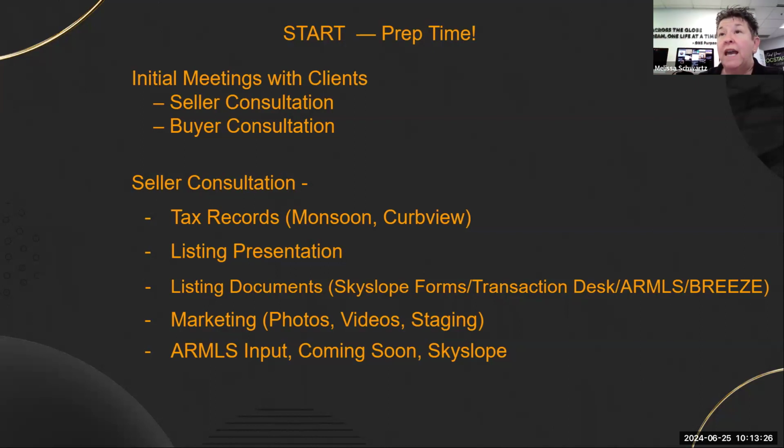Those things can be modified. But if you go into ARMLS and copy a previous listing, you can't copy the photographs, folks, and you don't want them anyway. You don't want somebody else's, but you can copy that data, then have that form for your listing presentation or your meeting where you're signing documents. At least, before you're signing, get them to edit that.